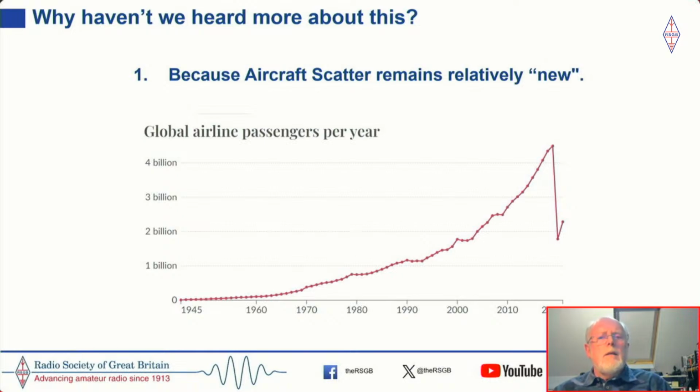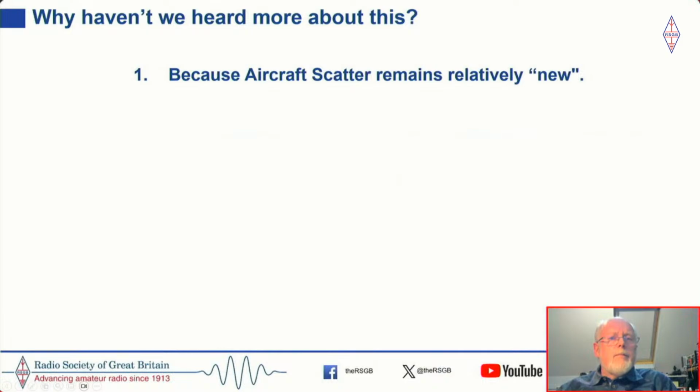So there's some linkage between the two. But okay, you can see how it's grown from practically nothing at 1970. So by 2000 it was all around us. So why didn't we notice more aircraft scatter?